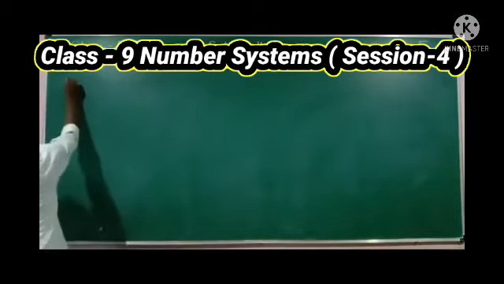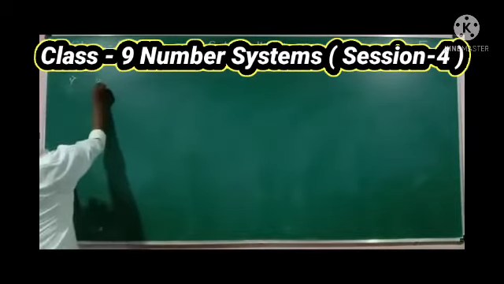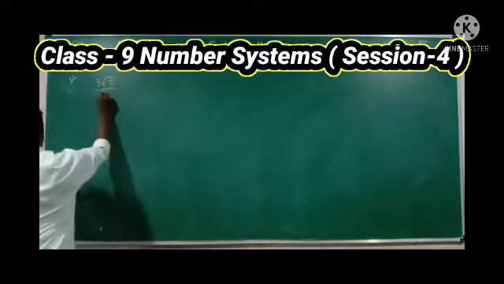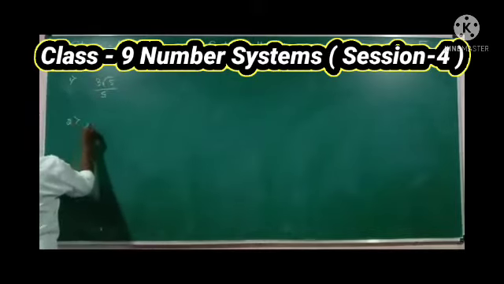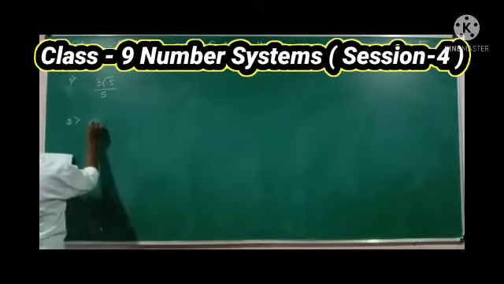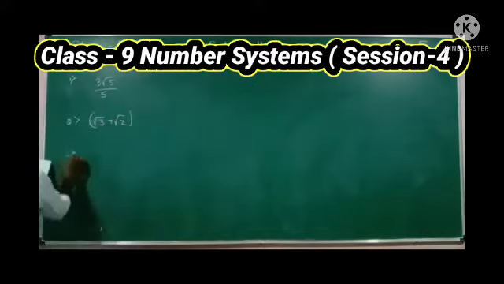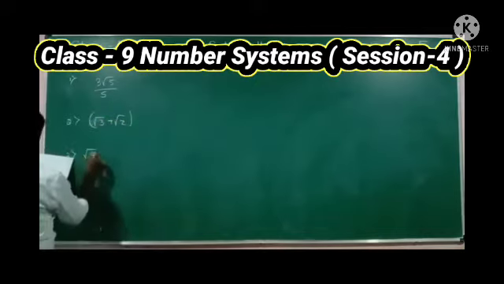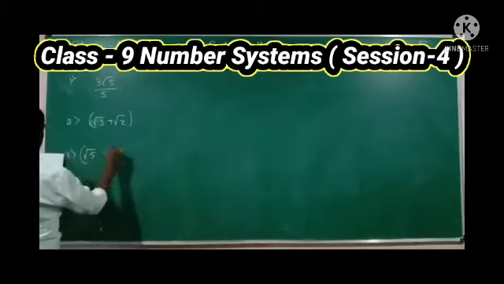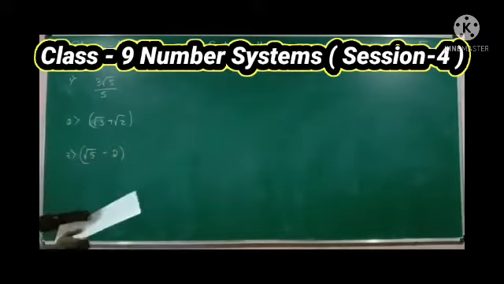Find the squares of the first one: 3 root 5 divided by 5. Second one: root 3 plus root 2. Third one: root 5 minus 2.